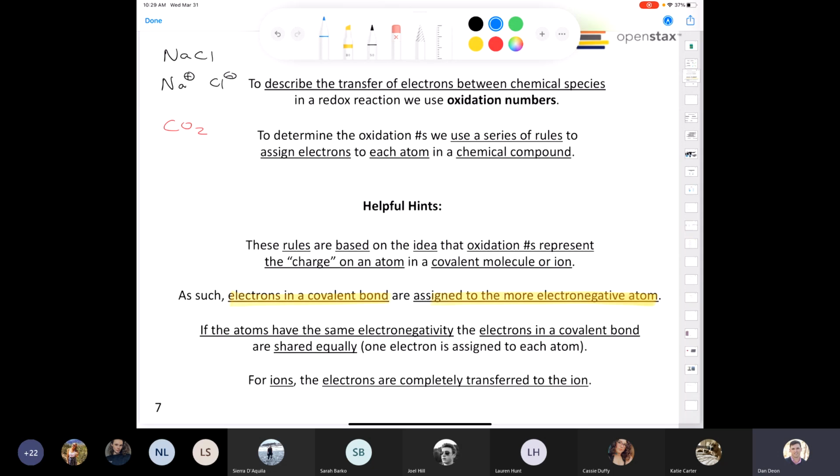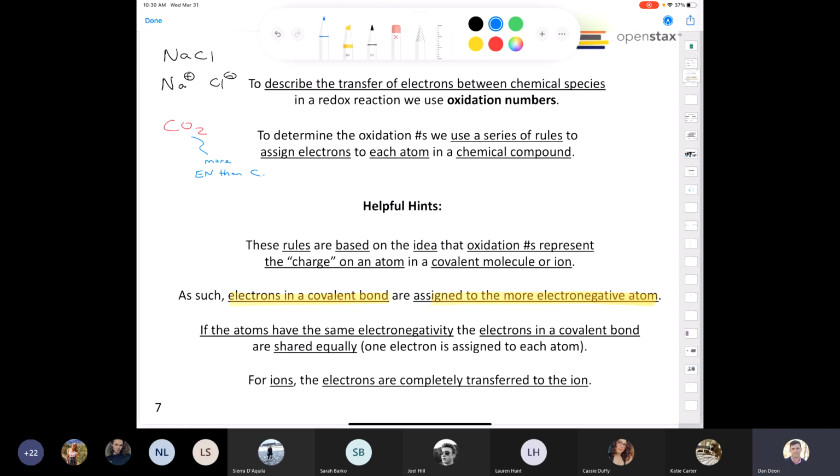You should know that the trend in electronegativity is that as we proceed upwards and to the right in the periodic table, the electronegativity increases. In fact, oxygen is the second most electronegative element in the periodic table, and it is more electronegative than carbon. So we're going to assume that it's hogging all of the electrons in the bonds in that molecule.